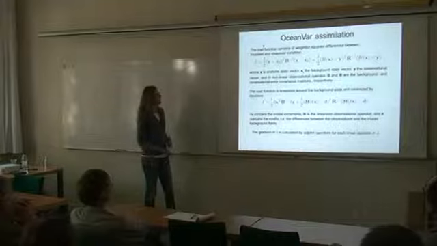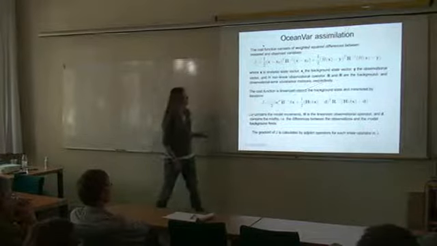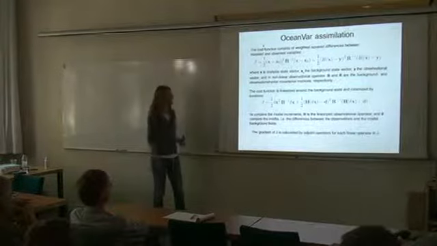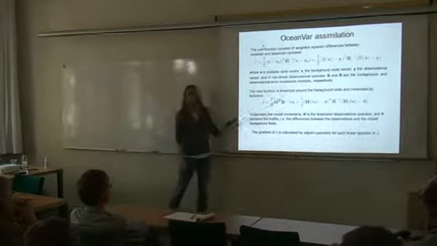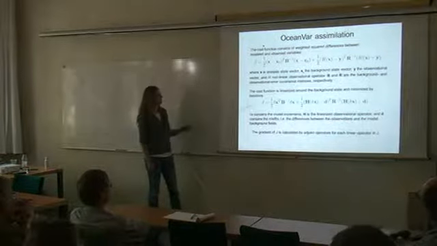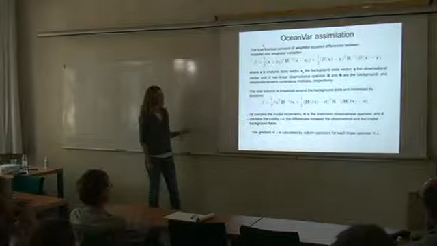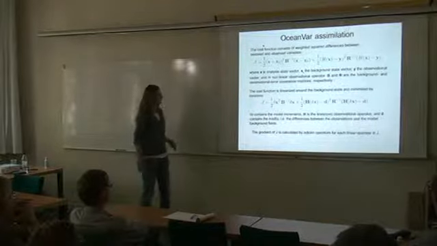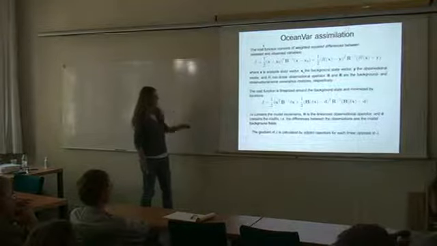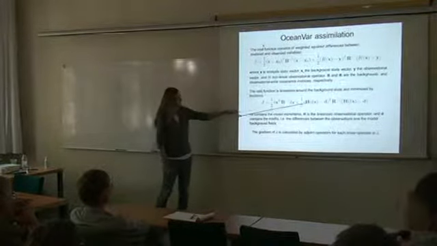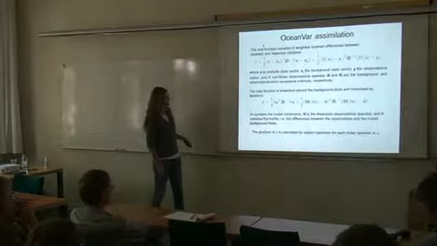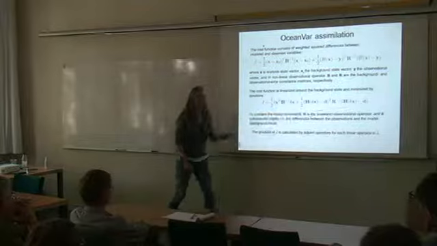B and R are the background and the observational covariance matrices, and I will tell you a bit more about this. In order to minimize this, the equation is linearized, where we have the model increments here, and this is just a linearized version of the observational operator, and this D is the misfit variable.